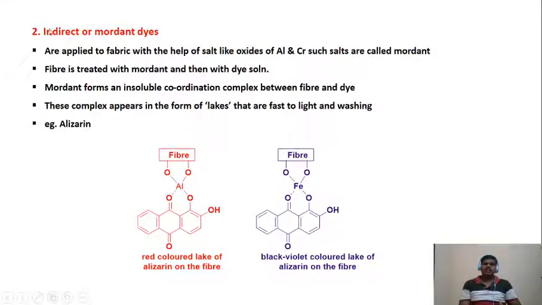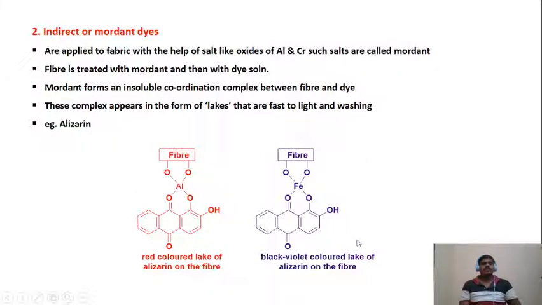The next is the indirect or mordant dye. As the name suggests, these are applied to the fabric with the help of salts like oxides of aluminum or chromium. Such metal salts are called mordants. The fiber is treated first with the mordant, the oxides, and then with the solution of the dye, so that the fiber gets color. The mordant forms an insoluble coordination complex between the fiber and the dye.